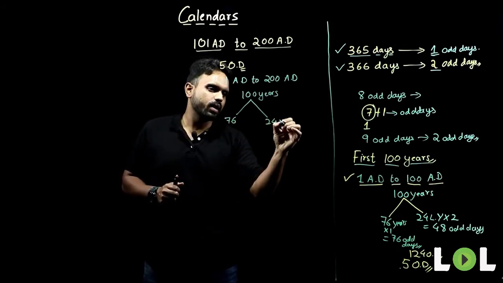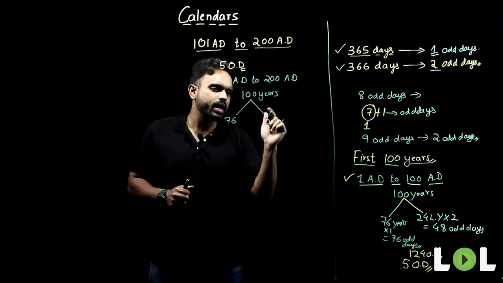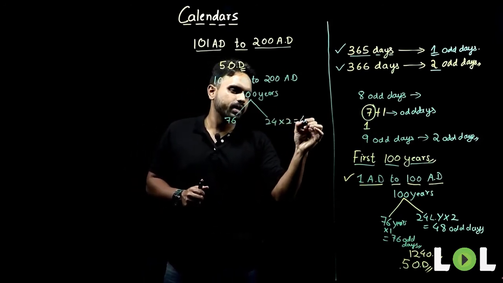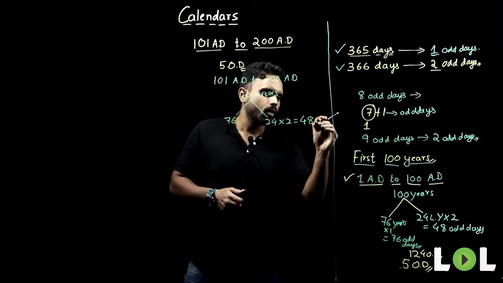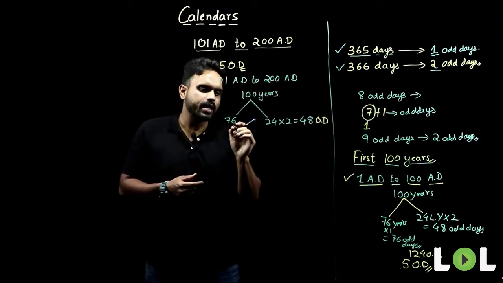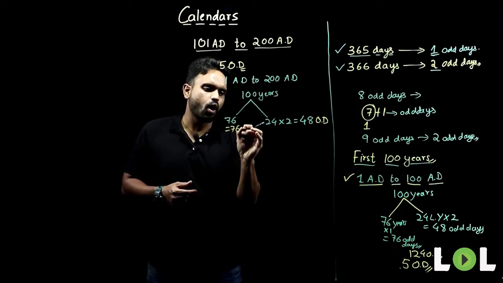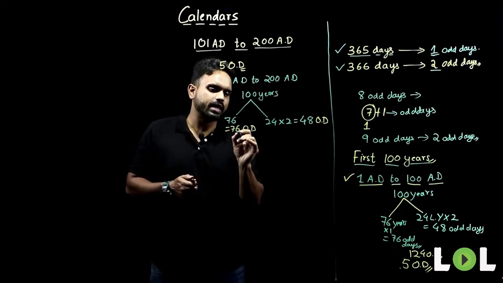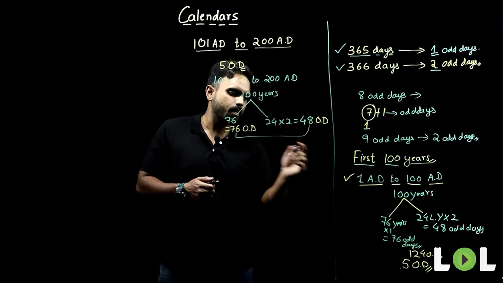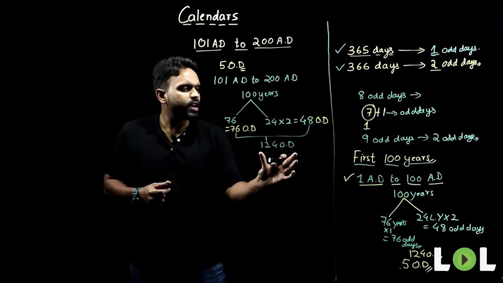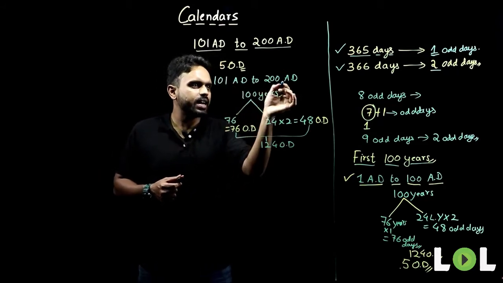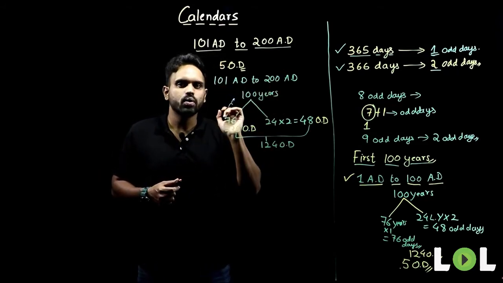And every leap year gives how many odd days? 2. So that gives me 48 odd days here, and here I'll get 76 odd days. So altogether I'll have again the same number, 124 odd days, from these 100 years, that is 101 AD to 200 AD.